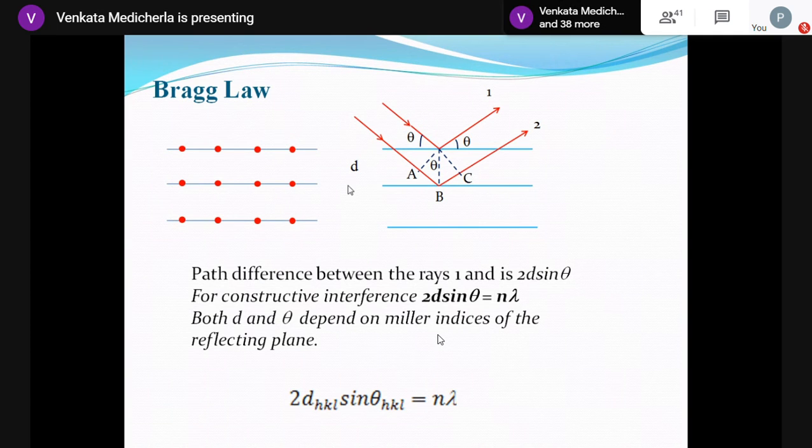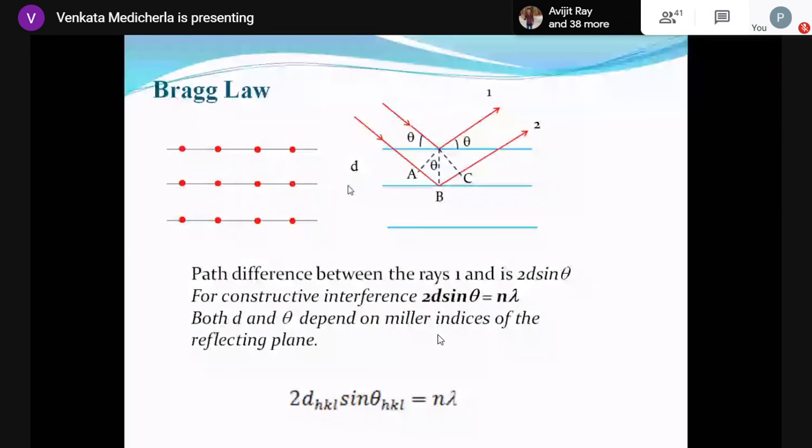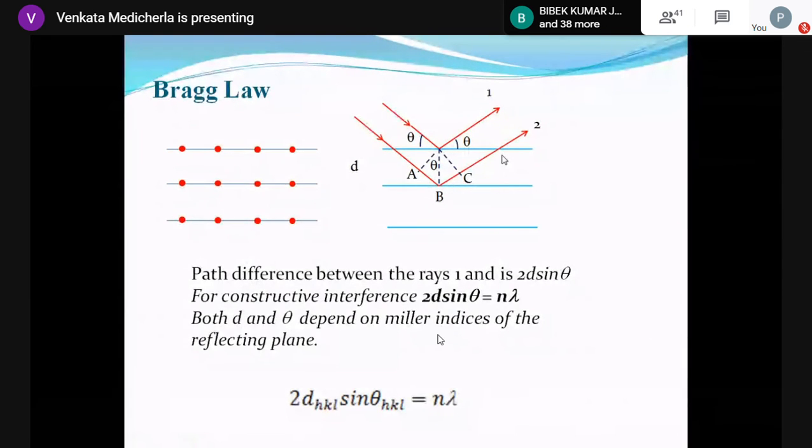Now A, B, C is the extra path traveled by ray 2 compared to ray 1. Up to here they are coming parallel, and from here they are going parallel again, so they travel the same distance otherwise. The only extra distance traveled by ray 2 is AB plus BC. We can equate AB plus BC to n times lambda, and we get the Bragg law.